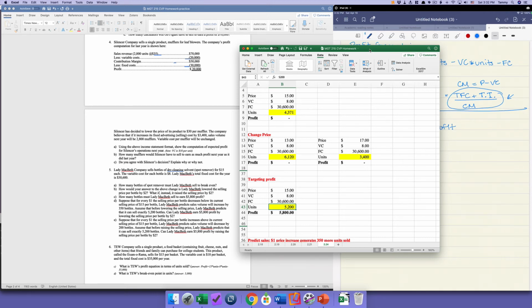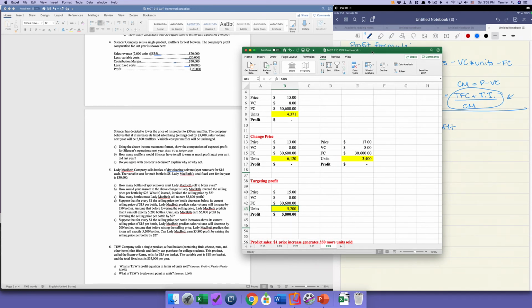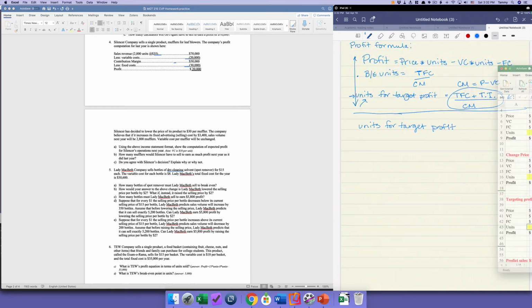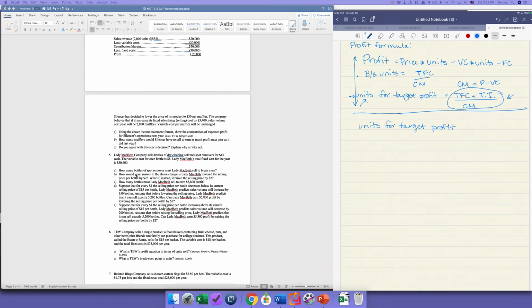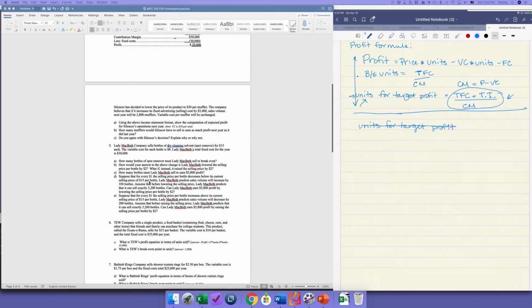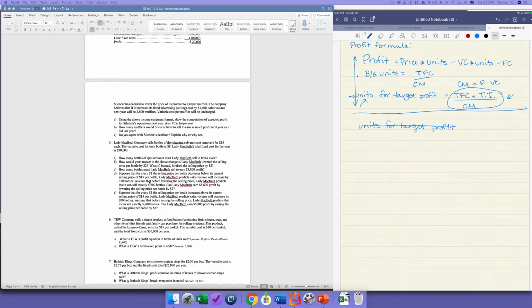Now I'm going to get Excel out of here, and I'm just going to show you how to set up the next one. Okay, because this is the one that I'm sure blows people's mind. Now, suppose that for every $1 the selling price per bottle decreases below $15, we expect to increase sales volume by 350.